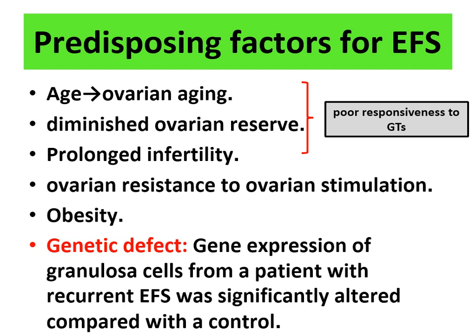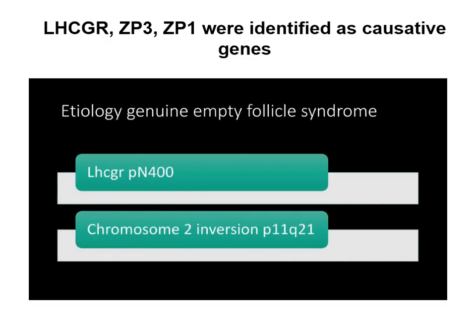Diminished ovarian reserve, prolonged infertility, those will lead to poor responsiveness to gonadotropins, ovarian resistance to ovarian stimulation, obesity, and some genetic defects, because many studies found gene problems: gene expression of the granulosa cells from a patient with recurrent empty follicle syndrome was significantly altered compared with control, and there are many studies on the genetic problems of genuine empty follicle syndrome.